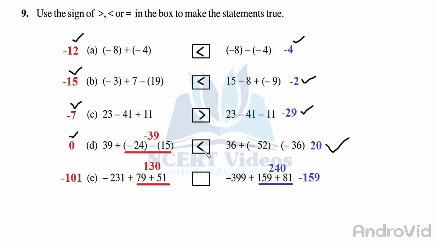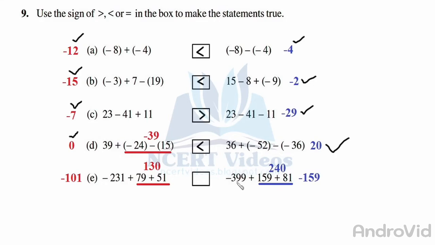Now E part, 79 plus 51 is 130, and we have to subtract minus 231 from it. So the sign will be of the greater, negative number, and when you subtract it, it is minus 101. Here add 159 and 81 to give you 240. And again the sign will be negative because this is greater.